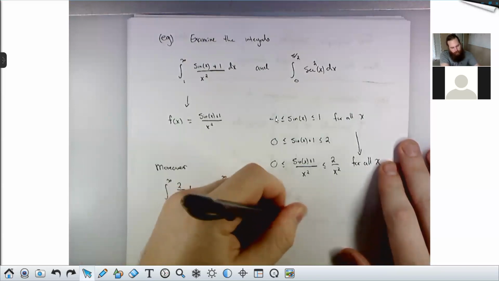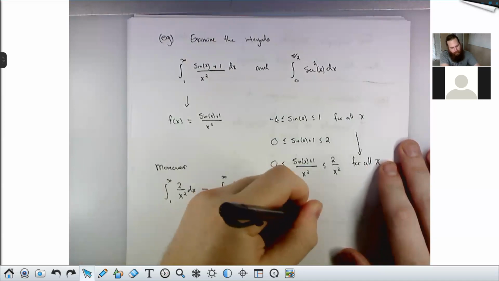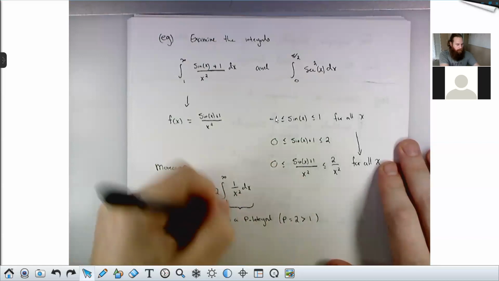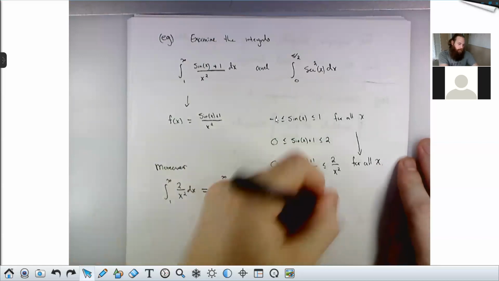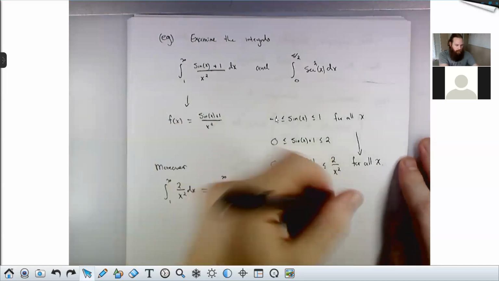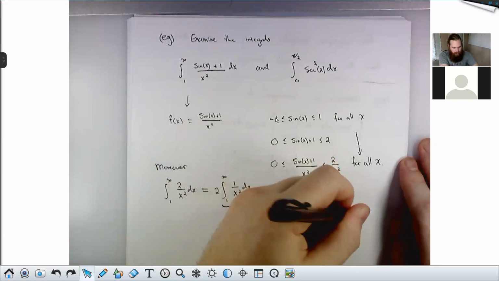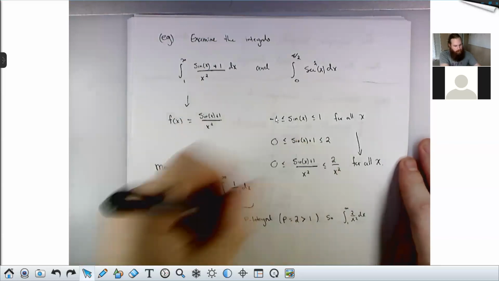Here, p is equal to 2, which is bigger than 1. So this integral is convergent.